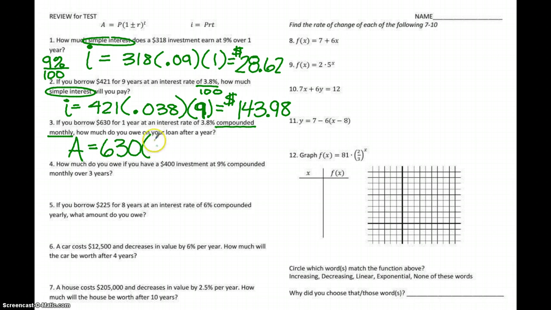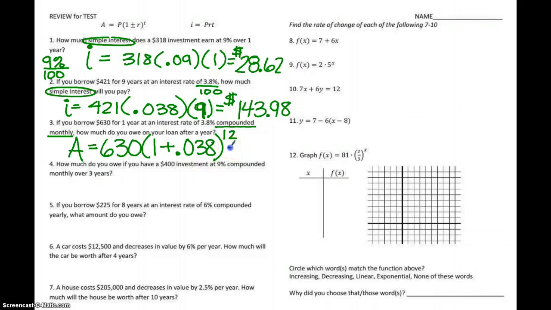And then we put 1 plus the rate as a decimal. So again, 3.8% is 0.038. And if it's compounded monthly, there's 12 months in a year. So the exponent we use, since it's compounded every month, is 12.